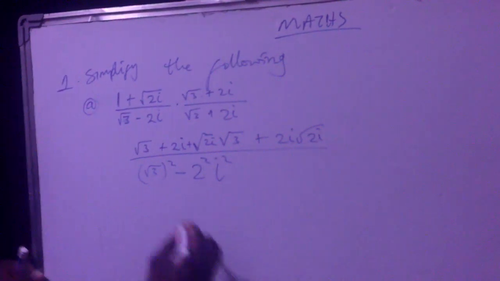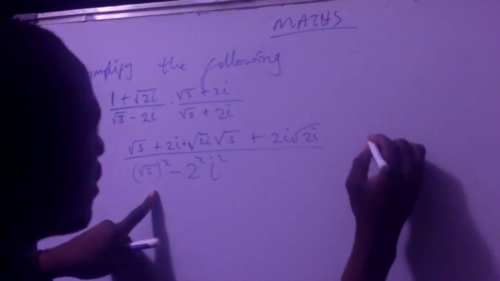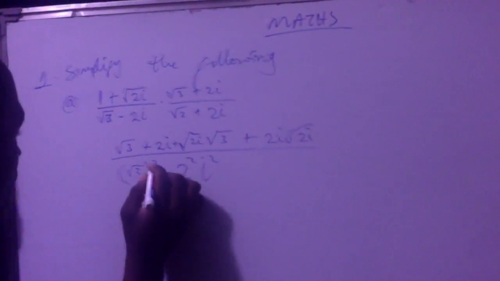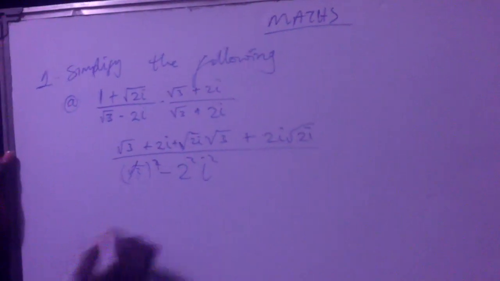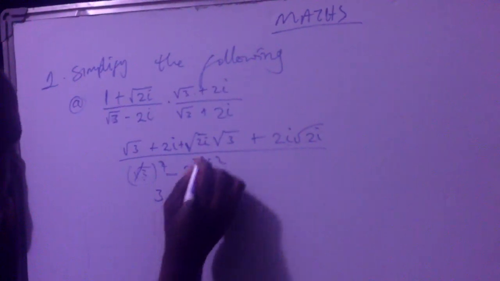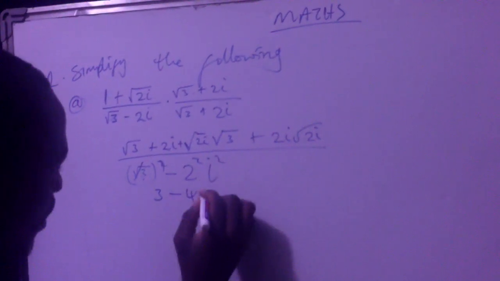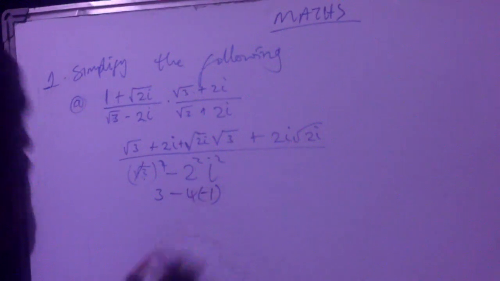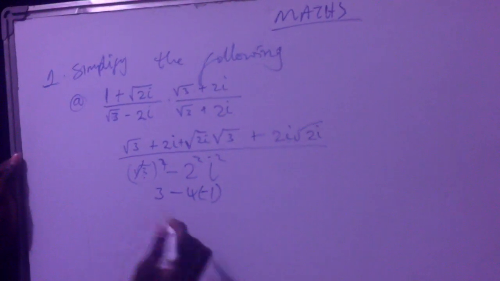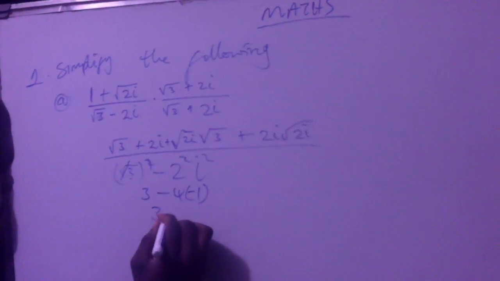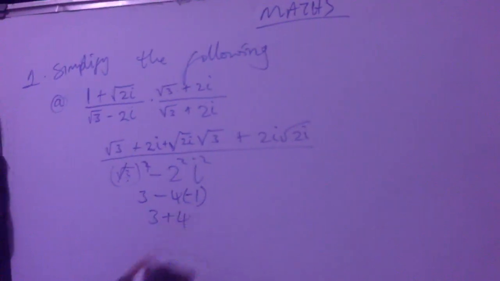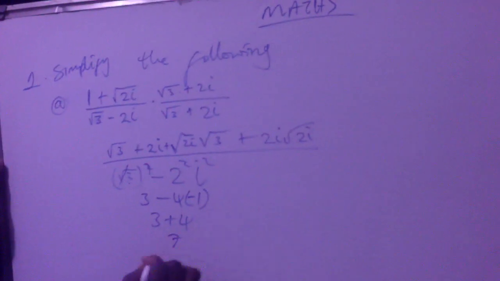Root 3 squared, we can cancel this, and we remain with a 3 here, minus 4, then i squared, which is going to give us negative 1. Therefore, down here we're going to have 3 plus 4, which is just 7.